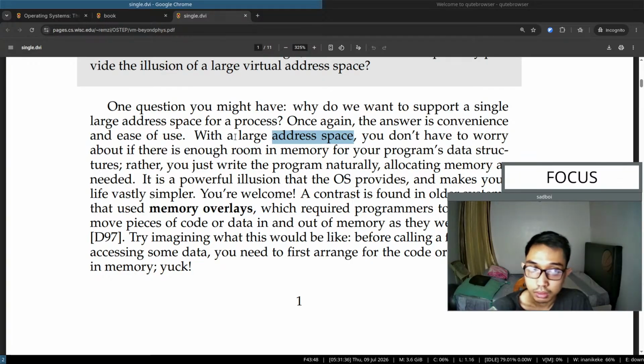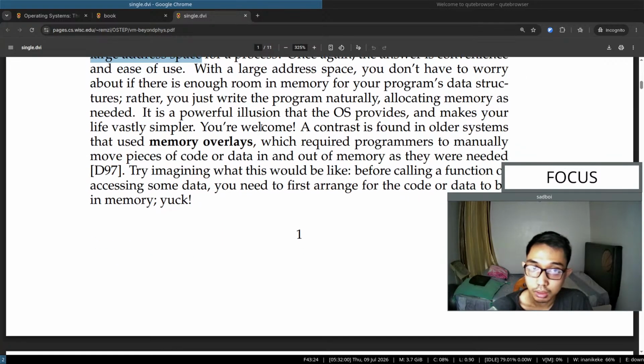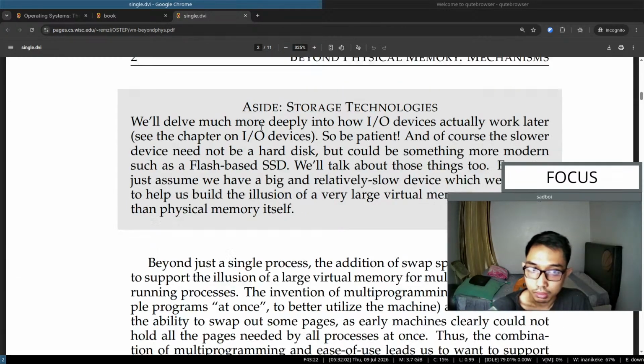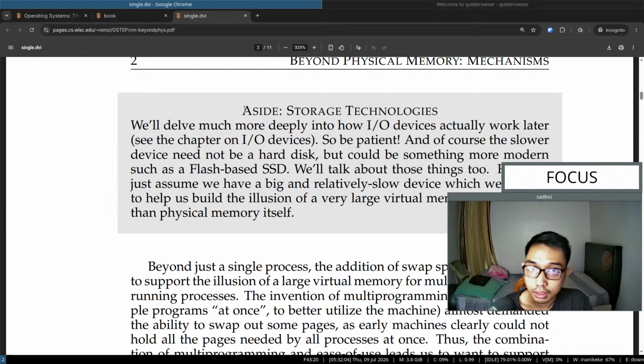Okay, a single large address space. But I wonder if the single large address space is using a linear page table or the multi-level page table. Well, we will see, I guess.